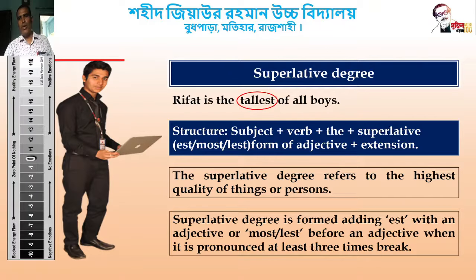Superlative degree is formed by adding est to an adjective, or most or least before an adjective. We use est after the word of adjective, and we use most or least before the word of adjective when we use the superlative form of a sentence.